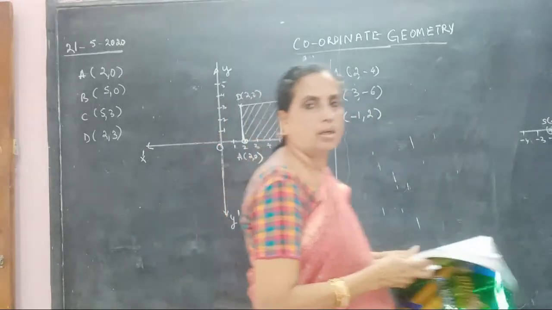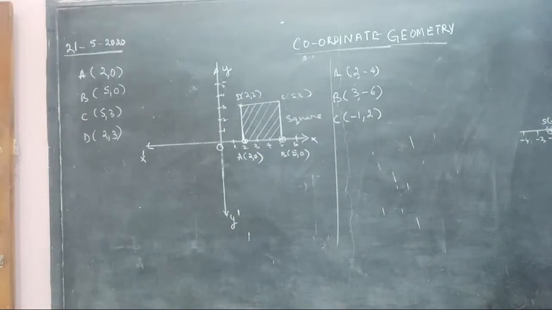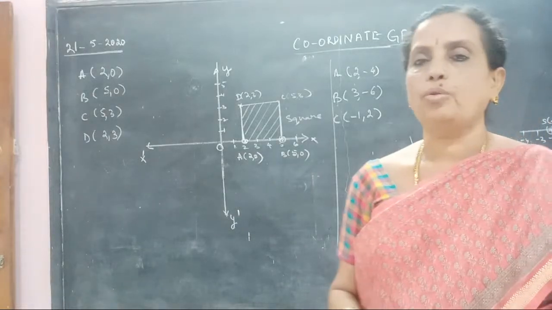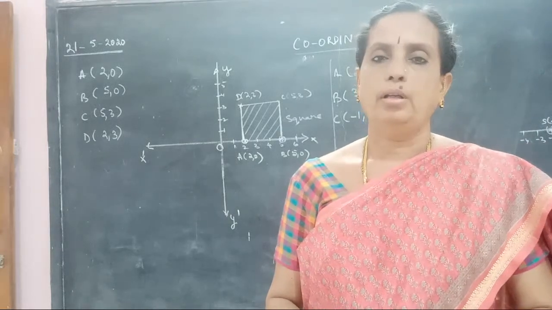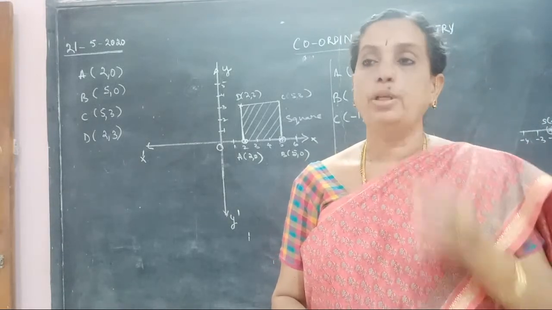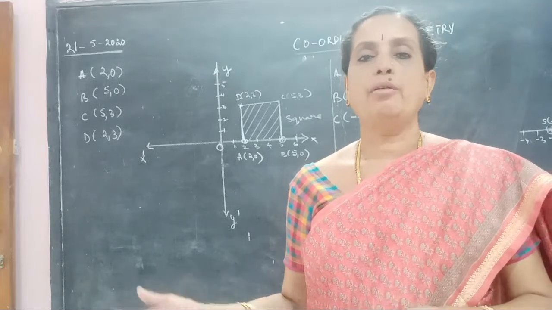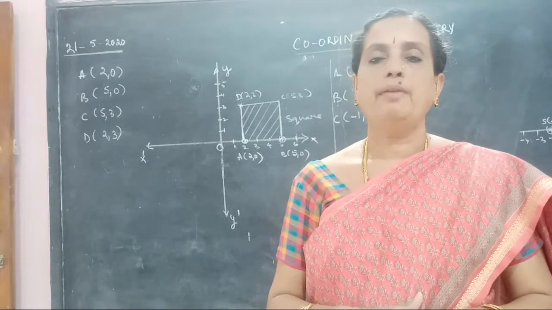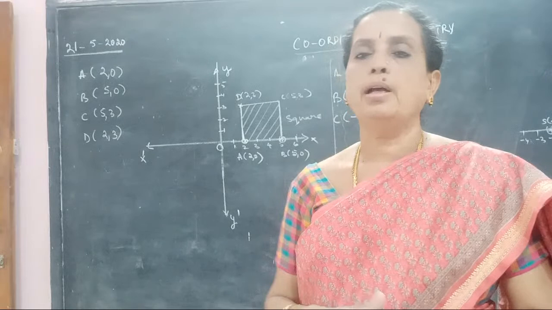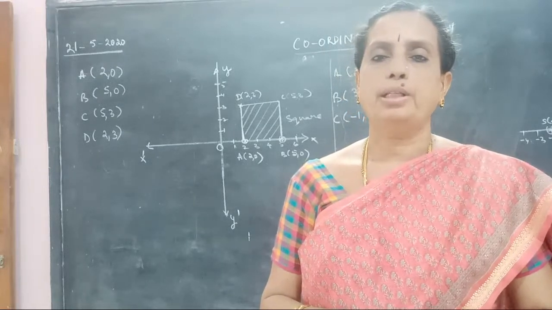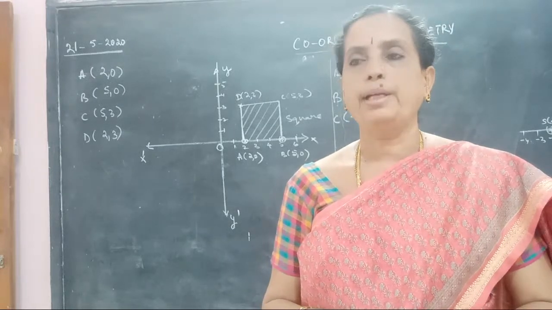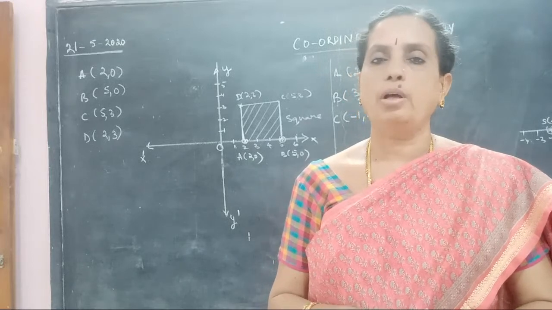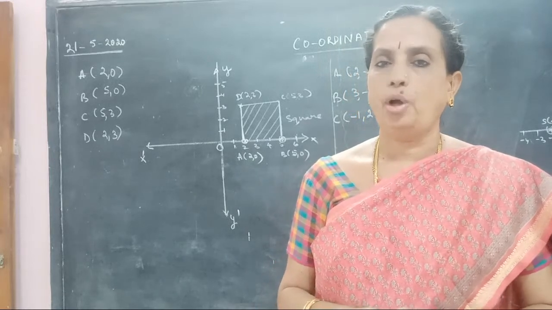After plotting them, we have to check whether the points are collinear or not. The points are said to be collinear if they all lie on the same straight line. That we can do by plotting the points on the Cartesian plane. Try to plot it and check out whether the points are collinear or not.